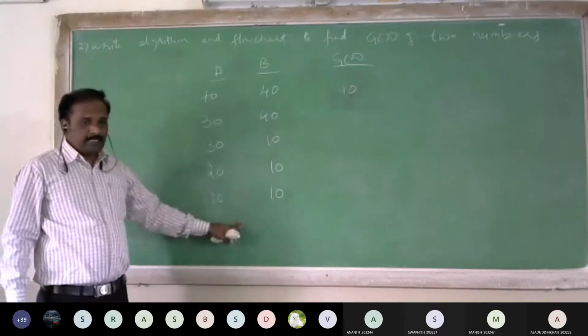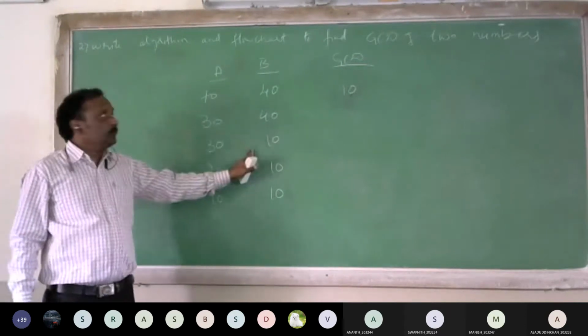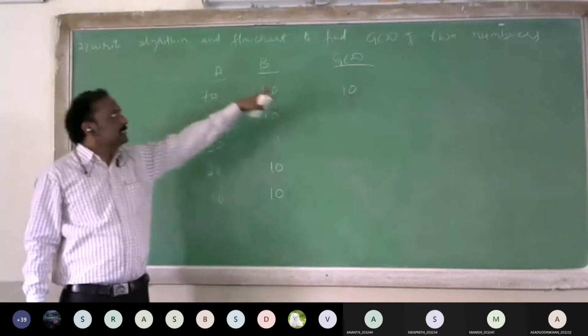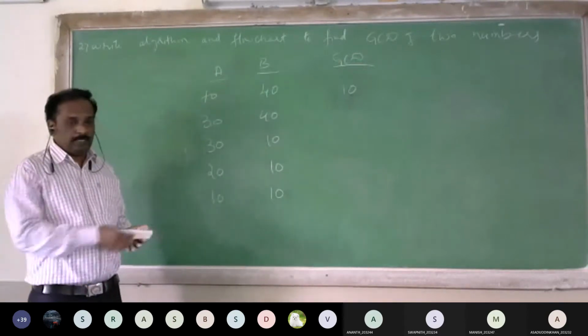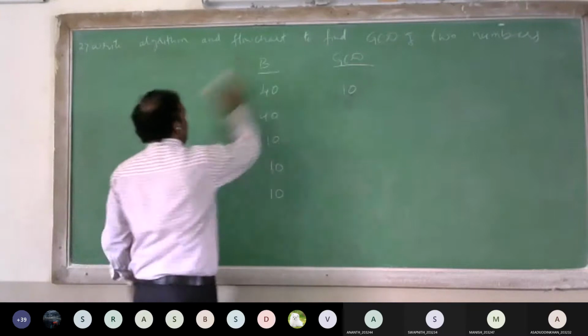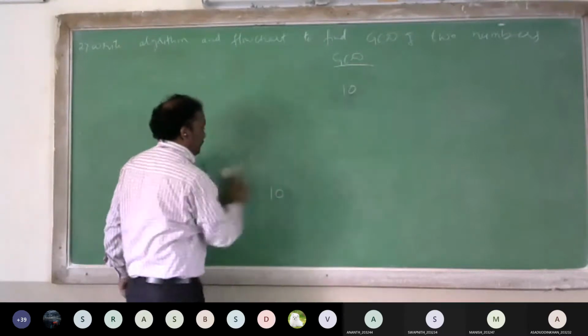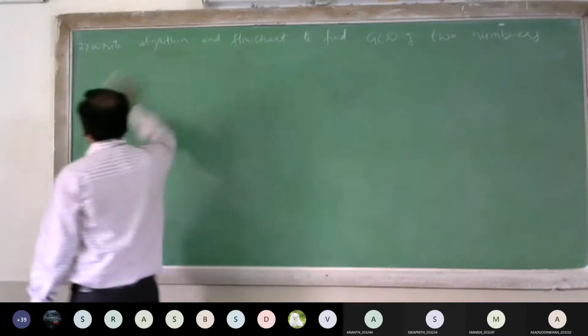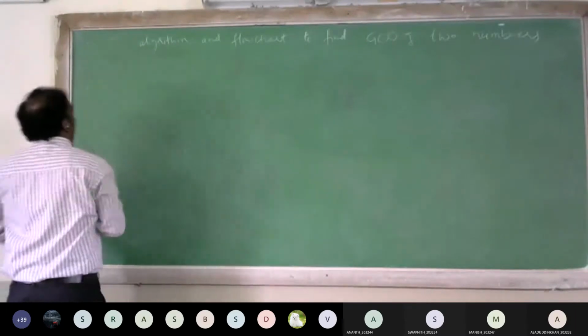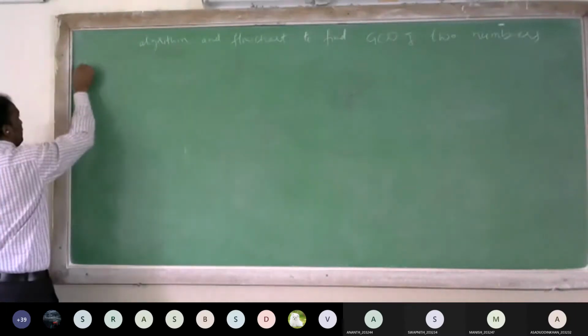Now, for this logic, we will write the algorithm and flowchart to find the greatest common divisor of two numbers. What is step 1?